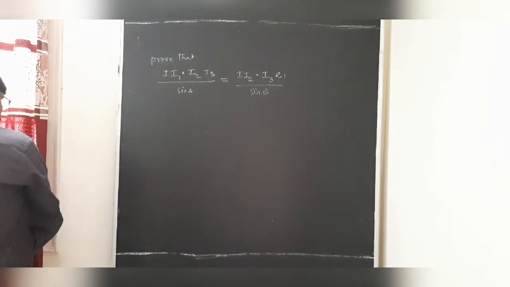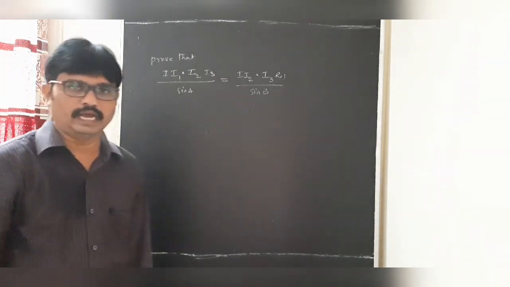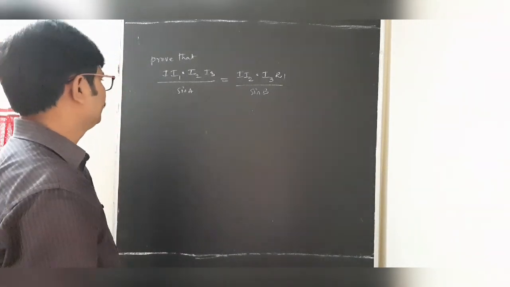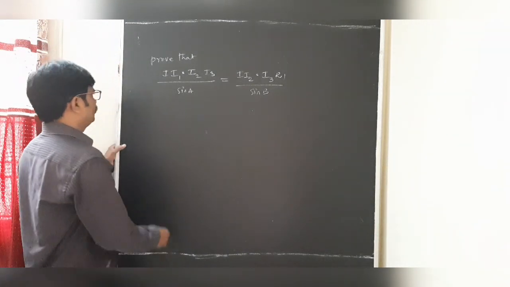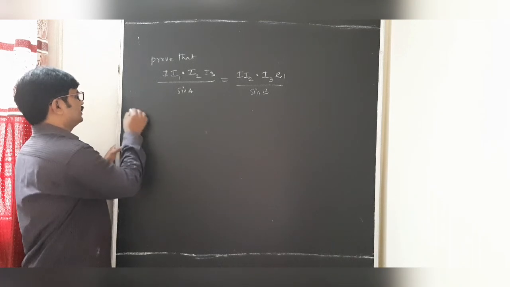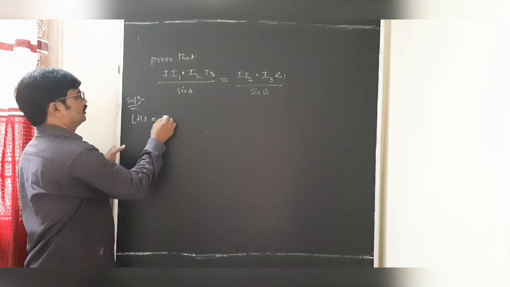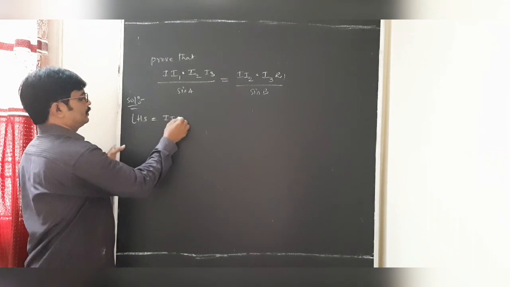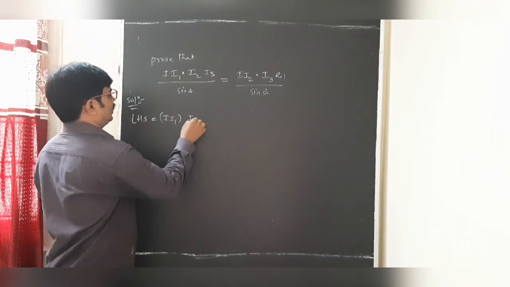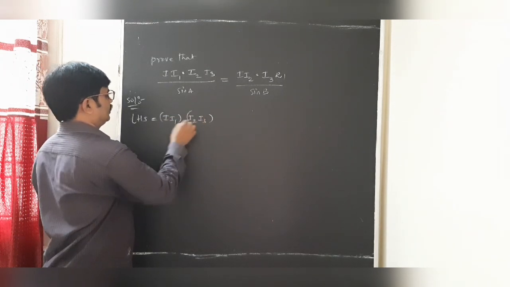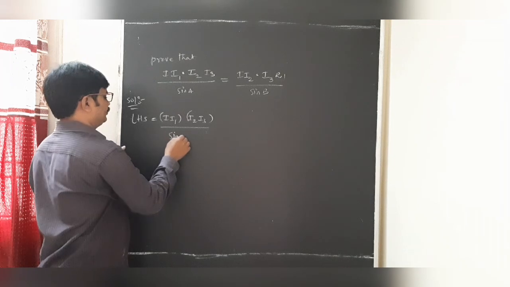So dear students, just now we know that, first we are taking the left hand side: I1 into I2 I3 upon sin A.